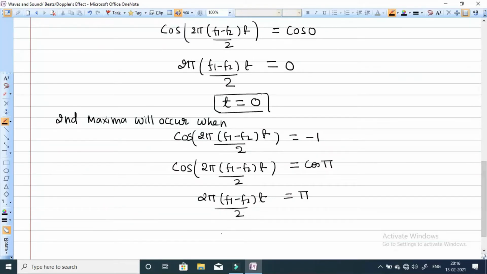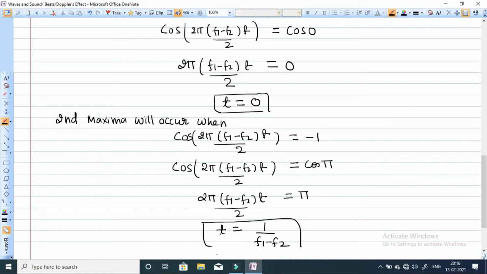So t will be equal to how much? 2 cancels out, pi cancels out, it will be equal to 1 upon (f1 minus f2). So this is the time for second maximum.